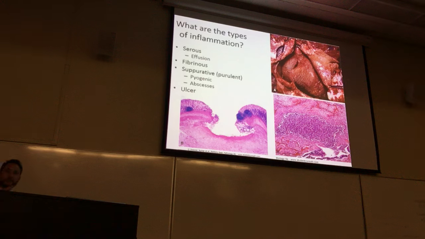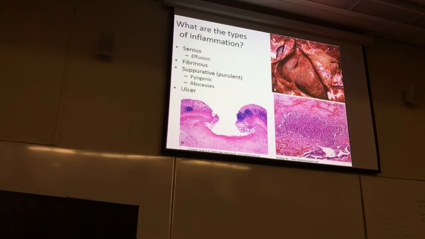Suppurative, the third one, another word for it is purulent. This is an exudate. So you get pus from this type of inflammation. So a purulent exudate usually comes from the neutrophils and the necrotic cells and edematous fluid that are sort of carnage as a result of the battle.